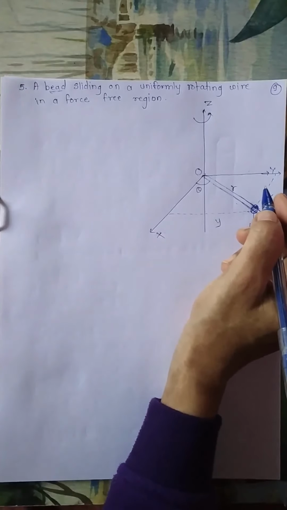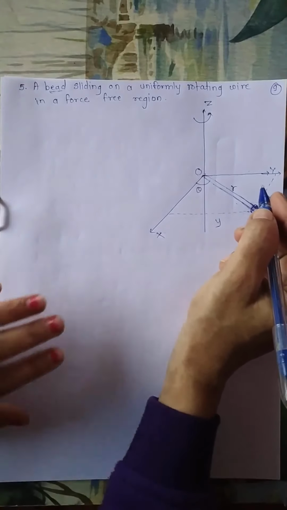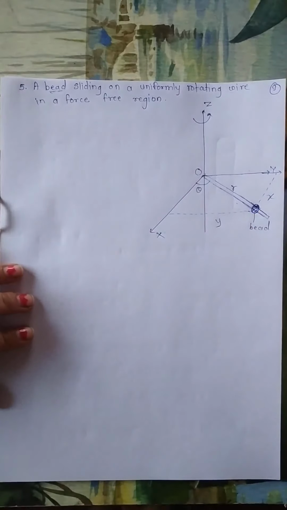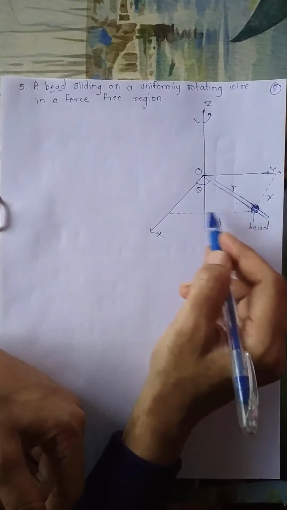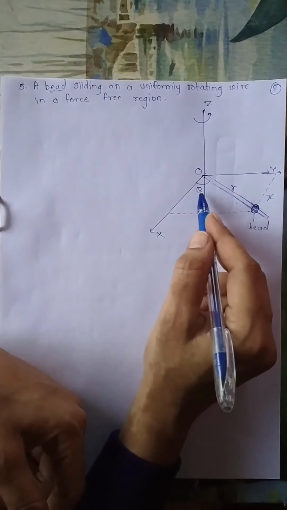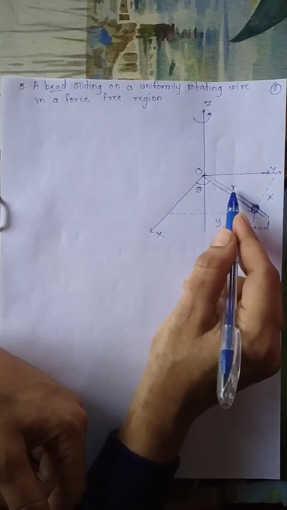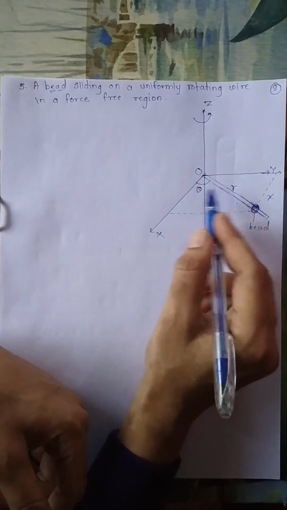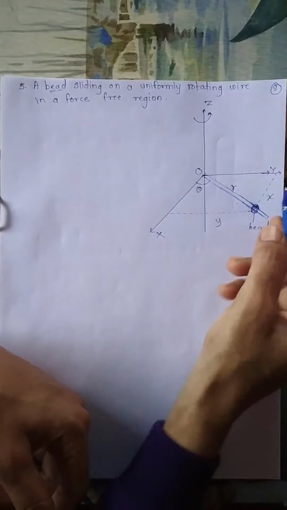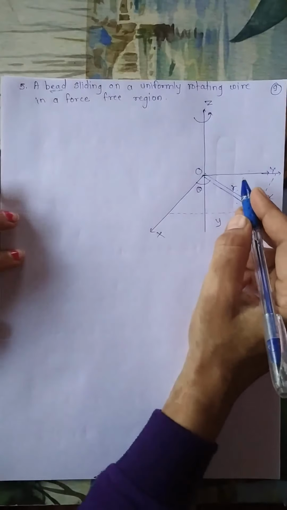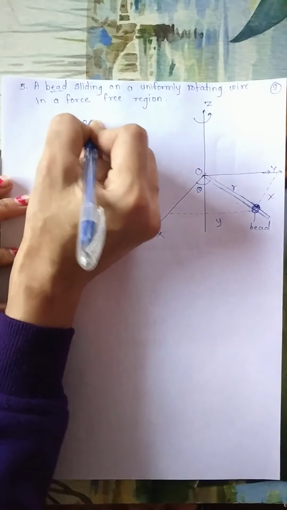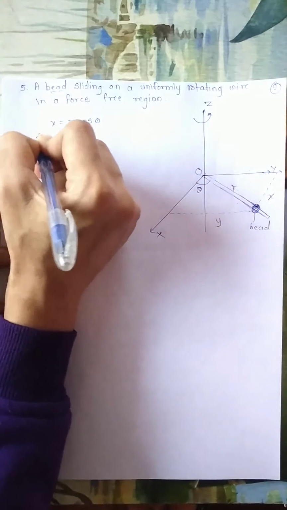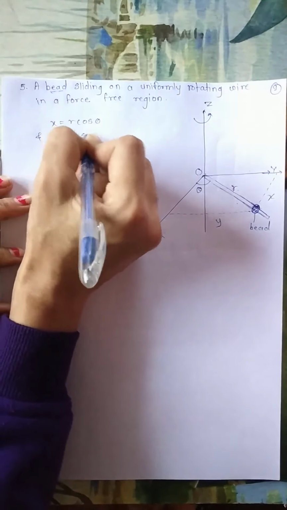The transformation equations relating Cartesian and polar coordinates we have already discussed in MMP. This is the same picture. So from this we can find x and y in terms of r and theta. The relation between x, r and theta is given by x equals r cos theta and y equals r sin theta.